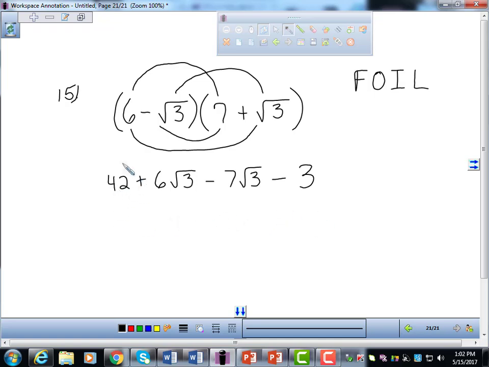Okay, so combine your like terms. You have a 42 with a like term of minus 3. What do you have? 39. Then you have 6 square root of 3 take away 7 square root of 3. Yes, and you can put the 1 there, or you could just write minus square root 3. And that's it.